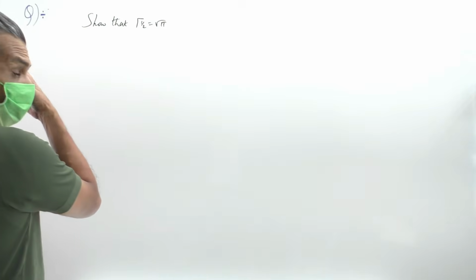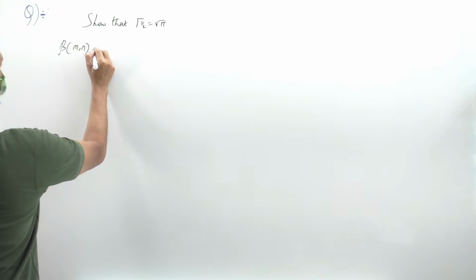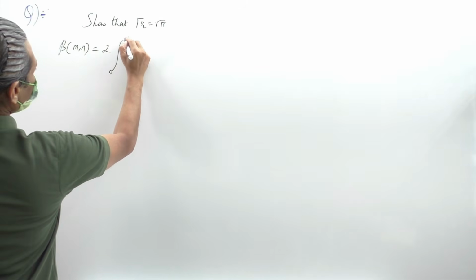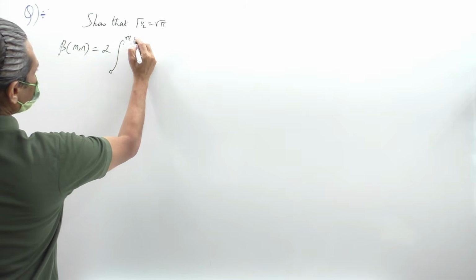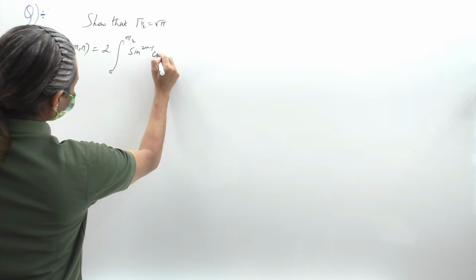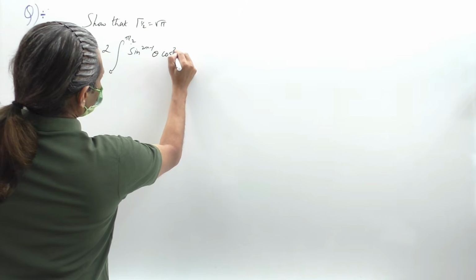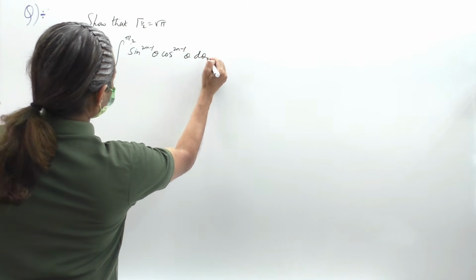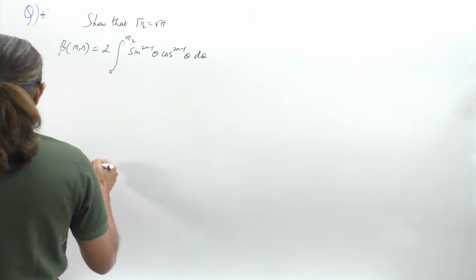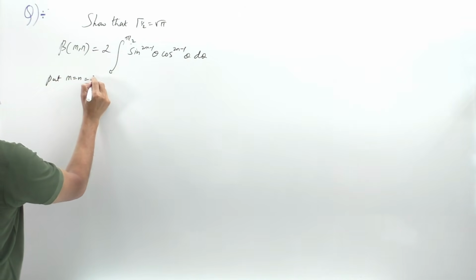See, we have one formula: beta m comma n is equal to 2 times the integral from 0 to pi by 2 of sine raised to 2m minus 1 theta into cos raised to 2n minus 1 theta d theta. Here what I'll do, put m is equal to n is equal to 1 by 2.